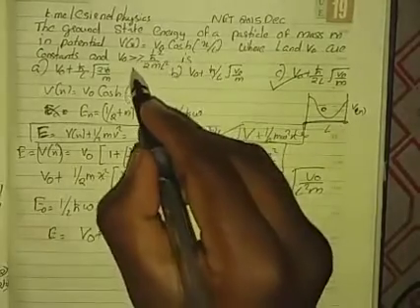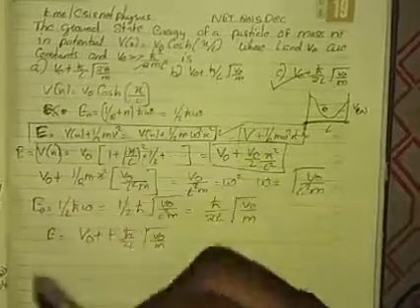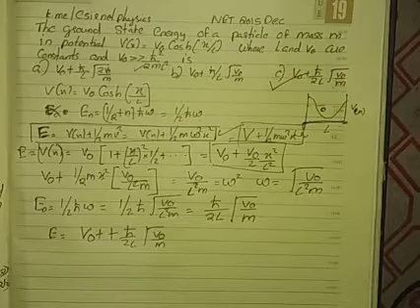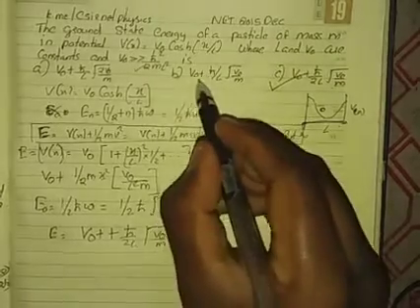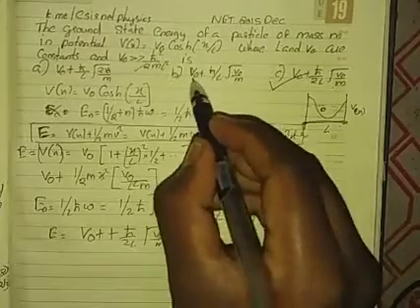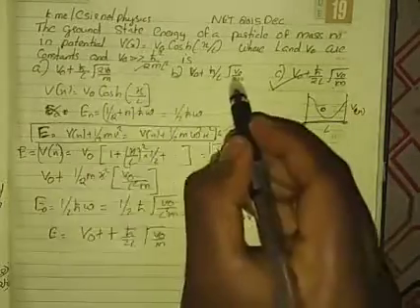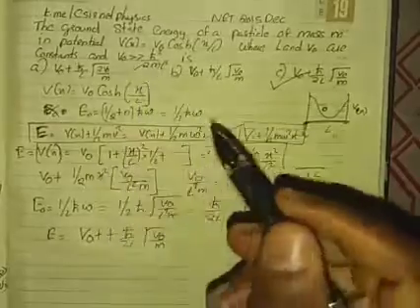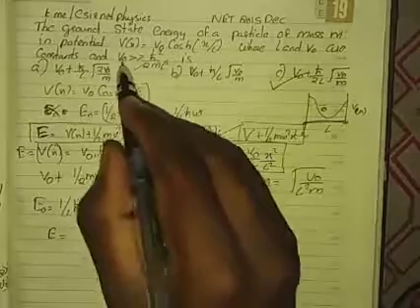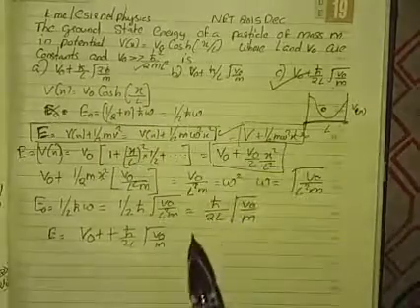There is a condition that they give, but it's not useful at the moment, it's a diversion. If you see options with V0 inside and you are given the value of V0, it's not necessary to substitute the values for V0.